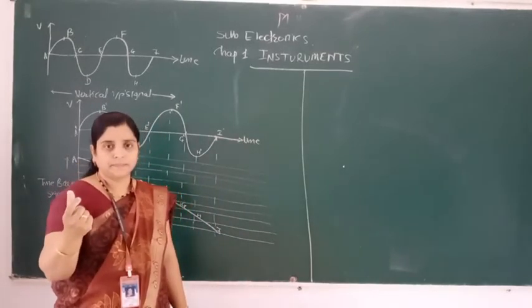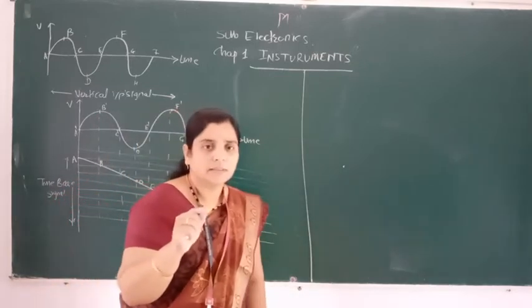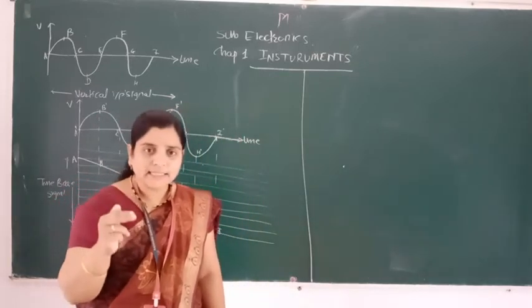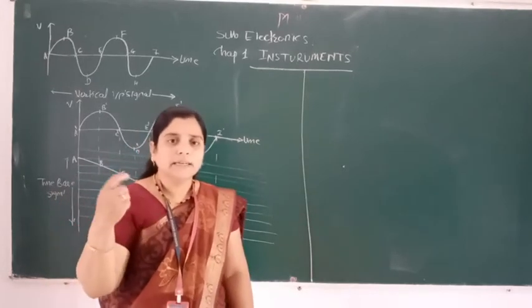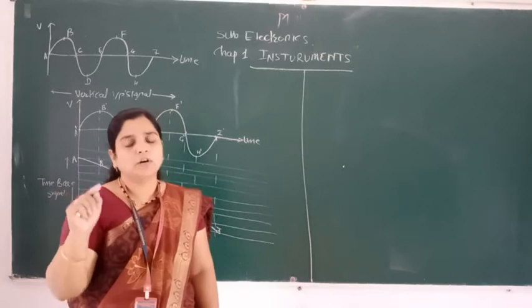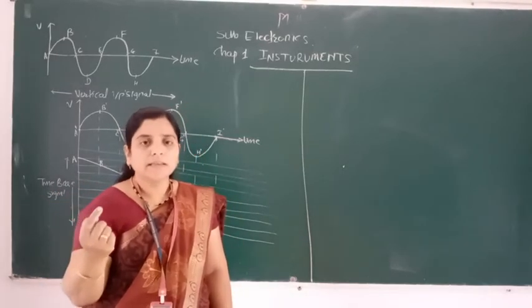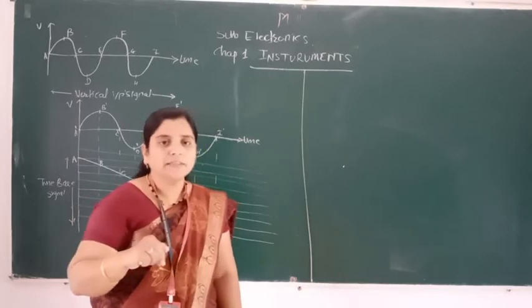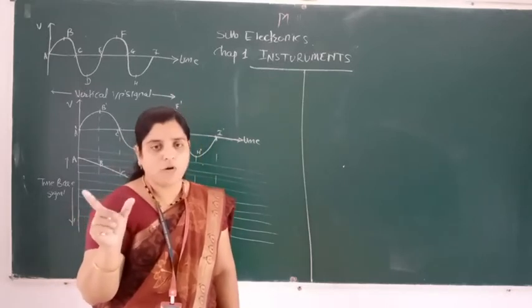Potential. Understand, if a DC signal is given to the horizontal plate, then what happens? Our spot is observed, and that spot has a positive potential. If an AC signal is given, then what happens? That spot is in movable form.